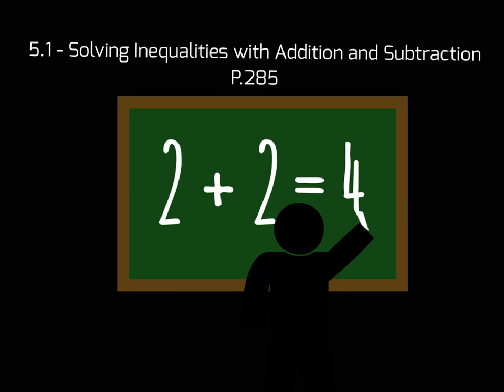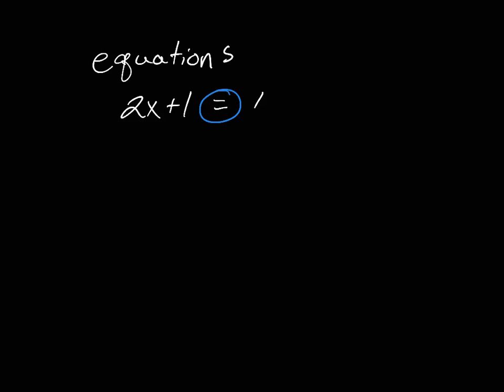So over the course of this book so far, we've covered equations. And we've learned how to solve equations, and we've learned that equations have an equal sign in the middle, like you see here.